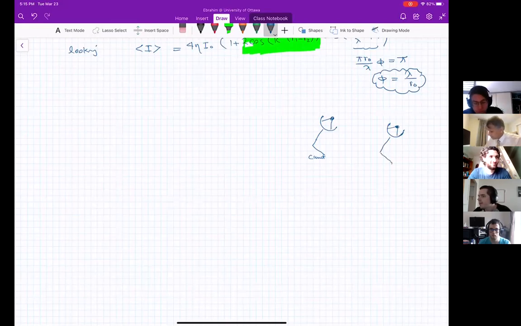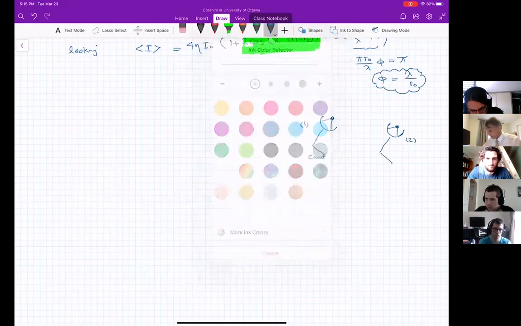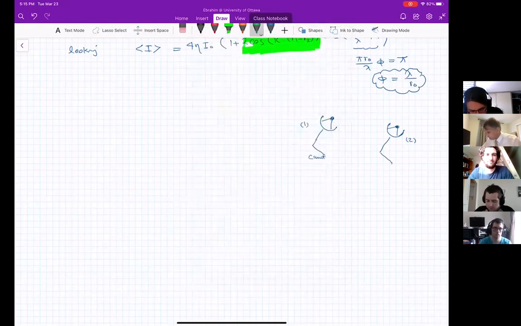Okay, so this is detector 1, and this is detector 2, or telescope 1 and telescope 2. They are watching stars in exactly the same fashion that we just discussed. One is coming at K prime, and the other one is coming at K. So what is the outcome of this?